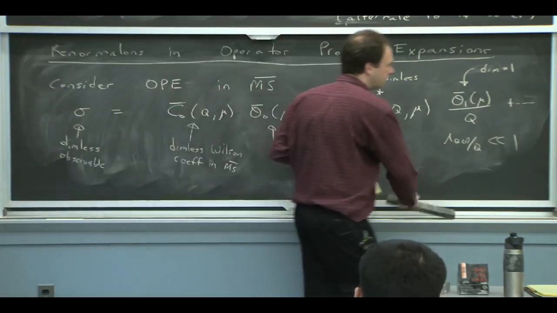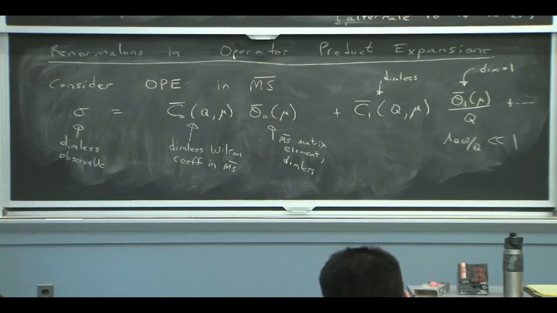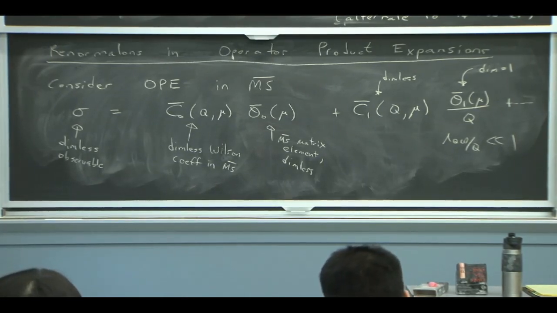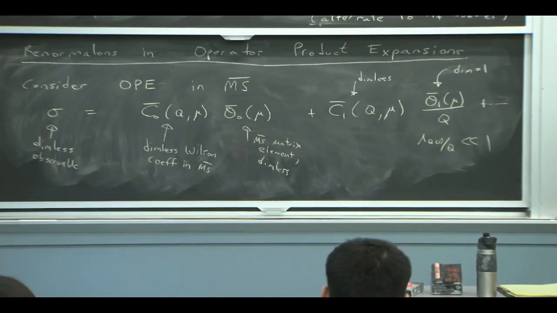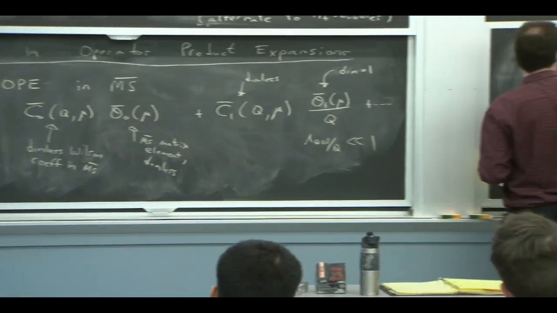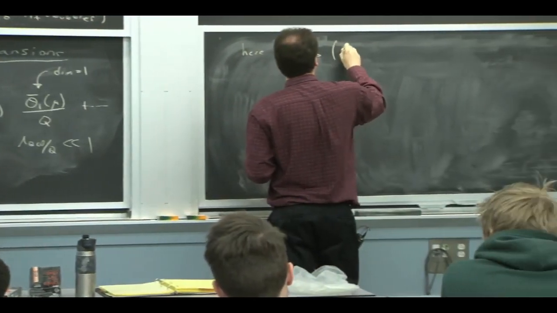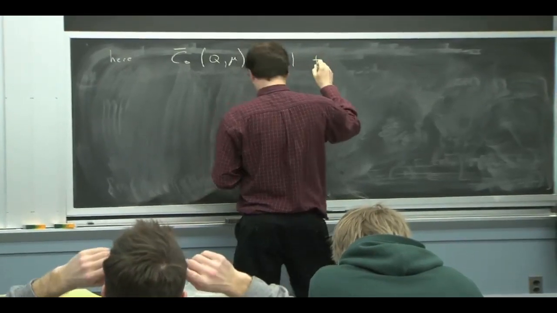Now in MSbar, what's beautiful about MSbar is that the series for these coefficients are very simple. That's why people like to compute in MSbar. So if you look at what the series for C bar looks like, the form of it is as follows.